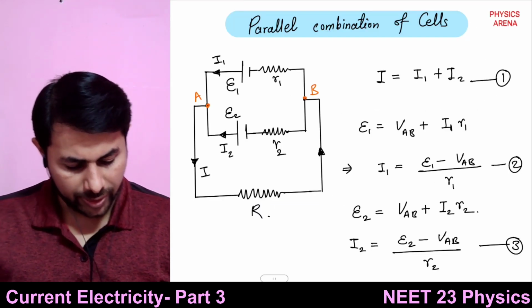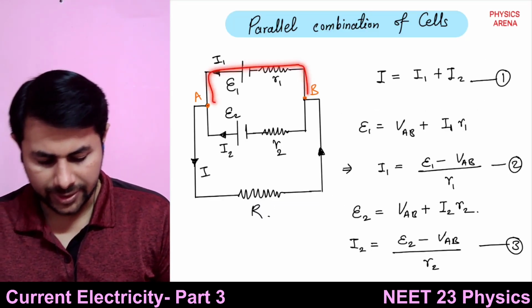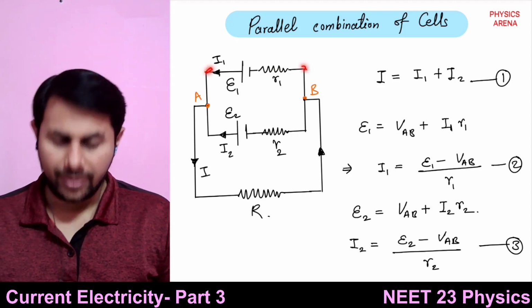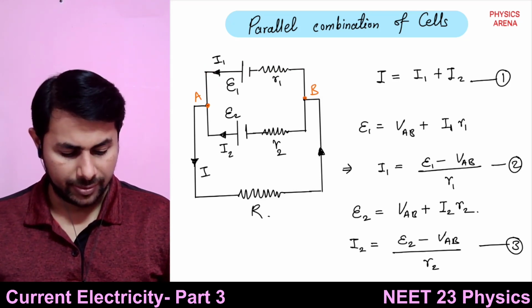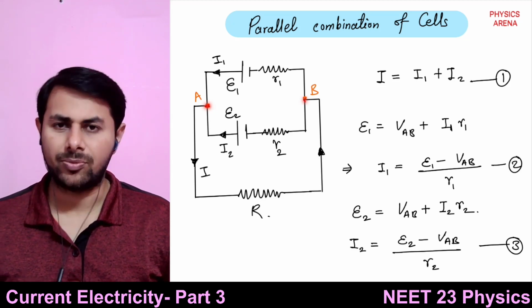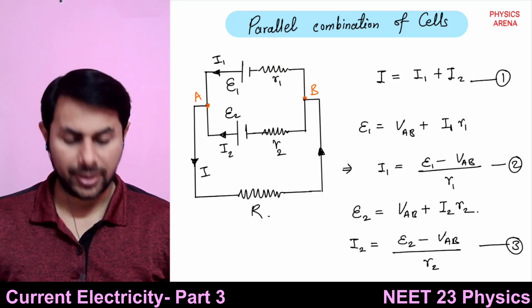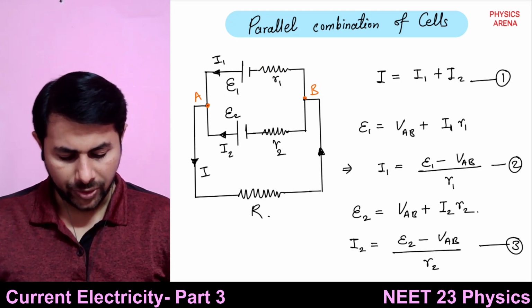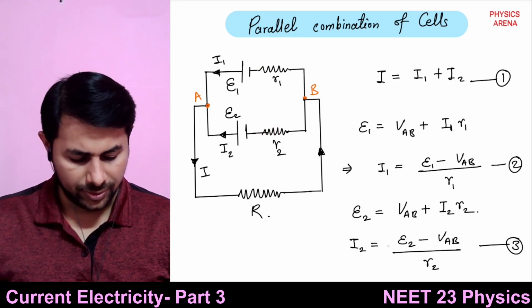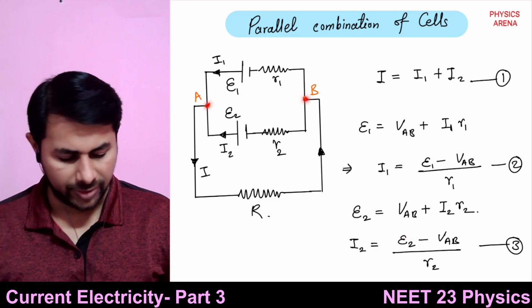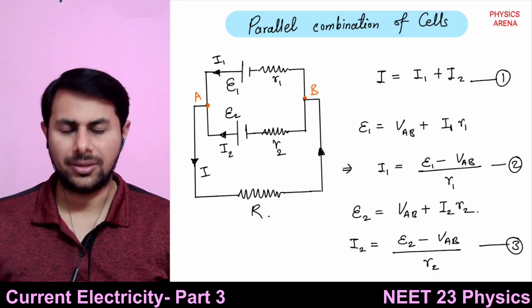We wrote the current in the first resistor I1 as the EMF here, epsilon 1, minus the potential difference between these 2 points, divided by this resistance. Then we wrote the current for this one, I2, equal to epsilon 2 minus VAB divided by R2.